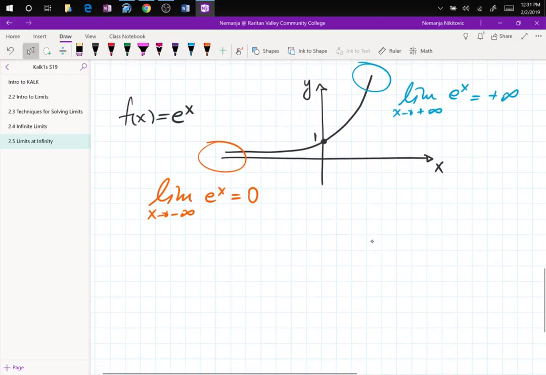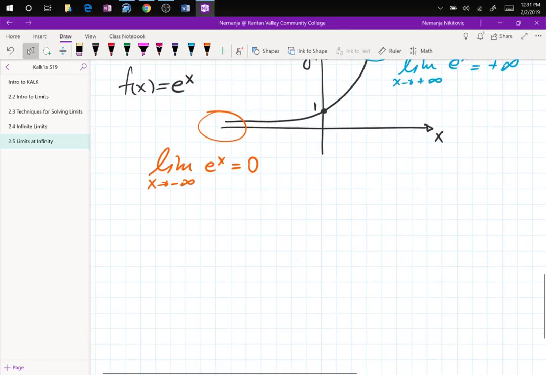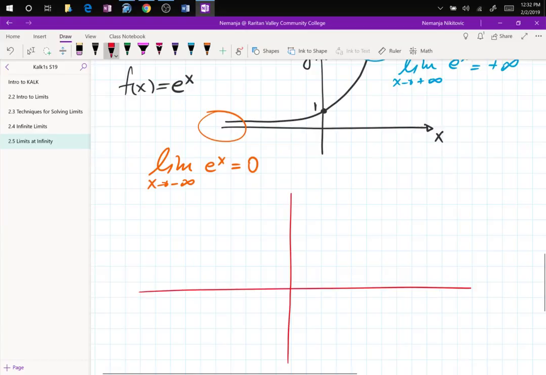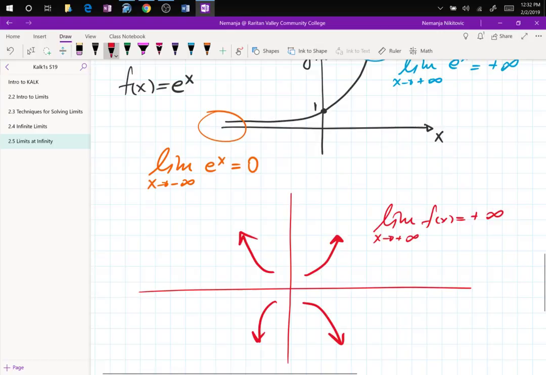So we have 4 possibilities. I'll draw them in a chart like this. We have function ends to be one of these. This one is limit x goes to positive infinity of f of x, and the answer is positive infinity.